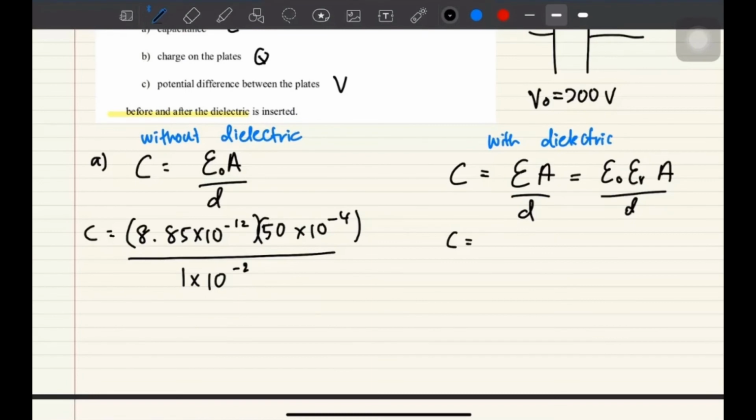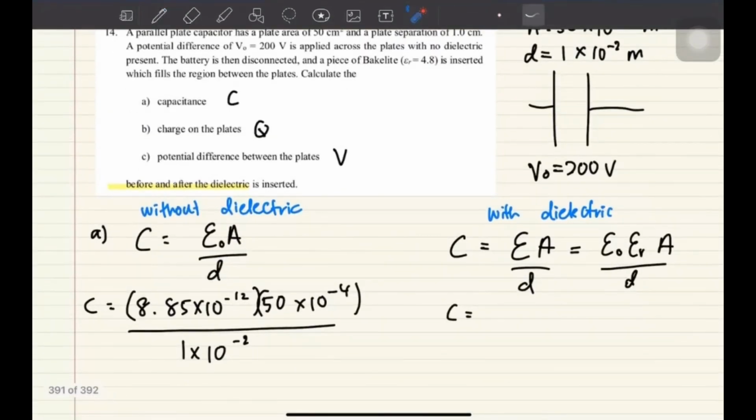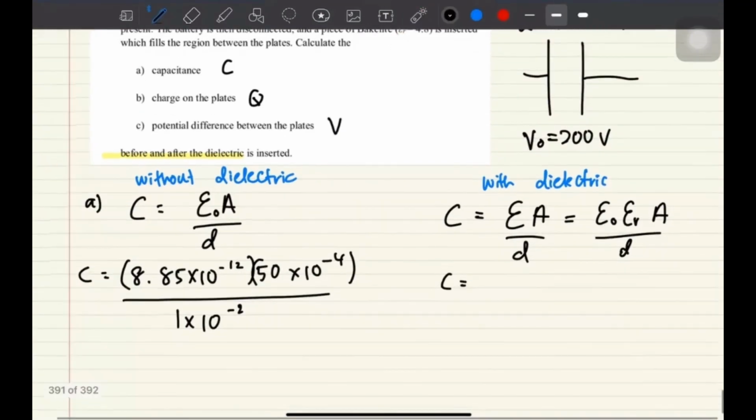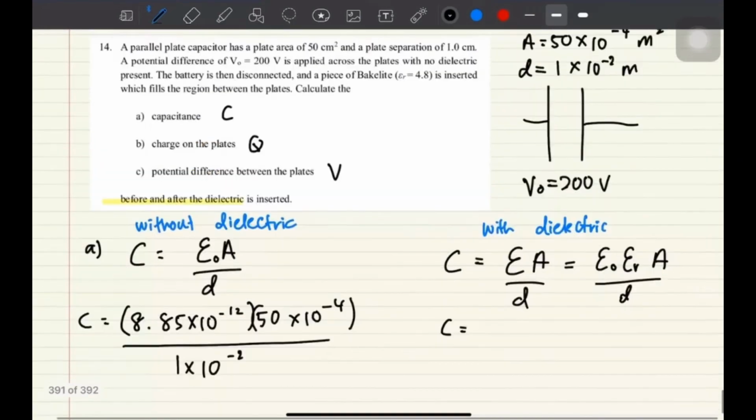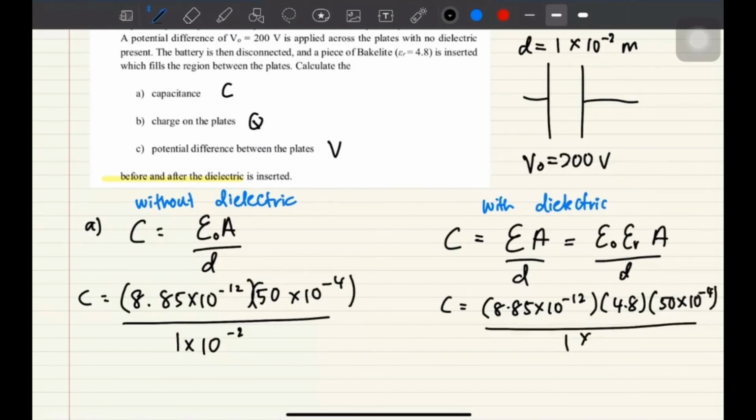So epsilon R is given, tapi biasanya kadang-kadang dia tak letak simbol R tu, tapi kamu mungkin tahulah itu adalah epsilon R, 4.8. Kalau ikut urutan yang saya tulis, 8.85 times 10 negative 12, 4.8, the area is 50 times 10 negative 4, over 1 darab 10 negatif 2.